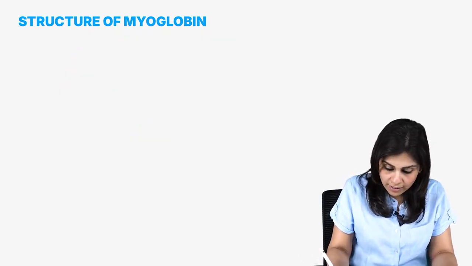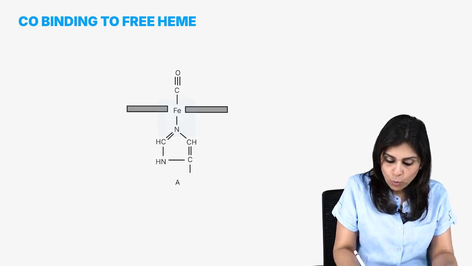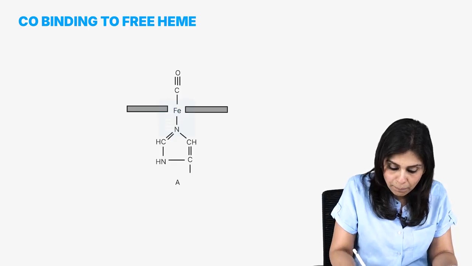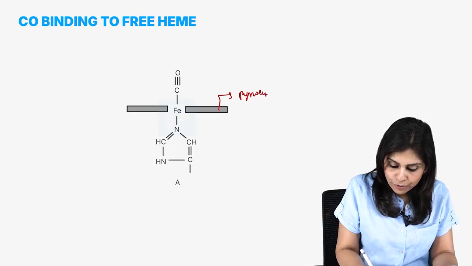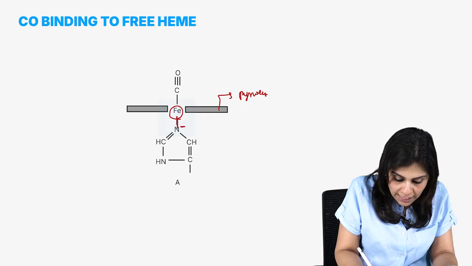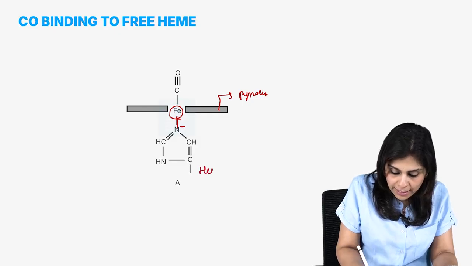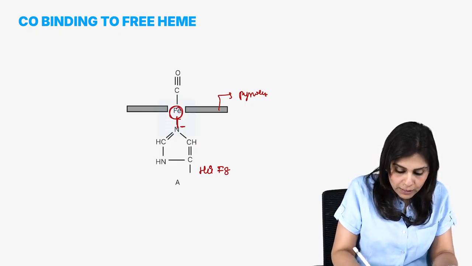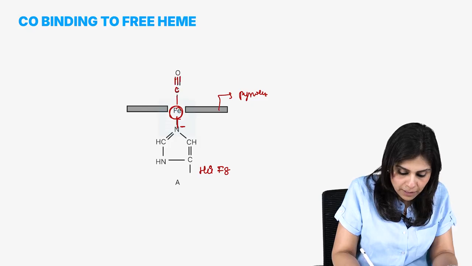So have a look at this. What I've shown you here is, as I told you, these 2 black lines represent the plane of the tetrapyrrole ring. And in the center of this plane, we have Fe2+, which is in a plane below the plane of the ring. And this Fe2+ is attached to which amino acid? It is attached to histidine F8. To this Fe2+, carbon monoxide binds.